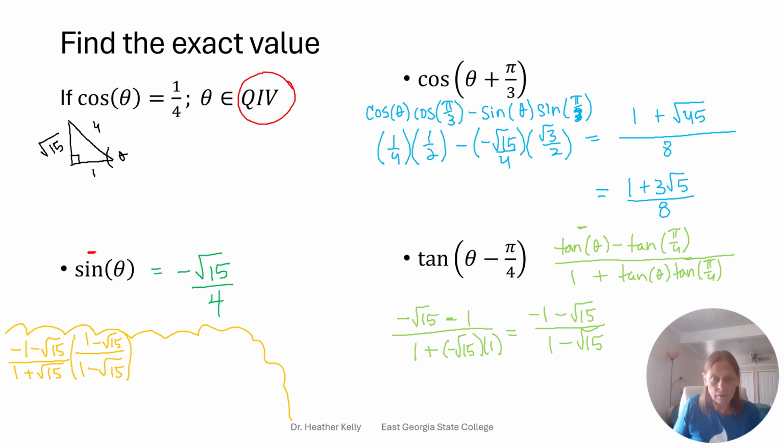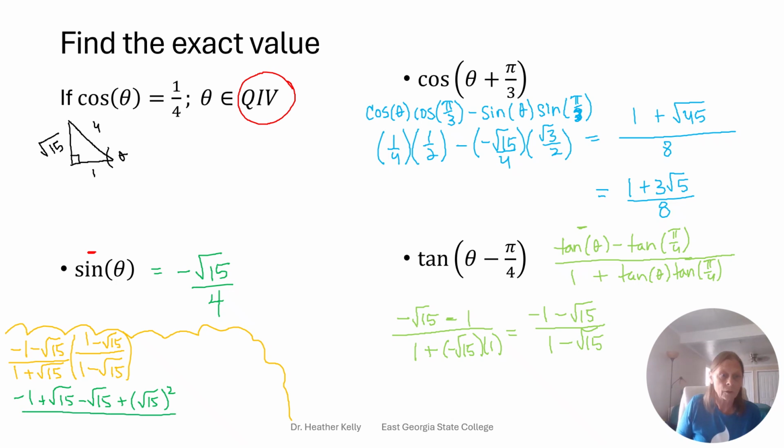Okay, let's do it here. Negative 1 times 1 is negative 1. Negative 1 times root 15 is negative root 15. Negative root 15 times 1 is negative root 15. And negative root 15 times root 15 is negative 15.